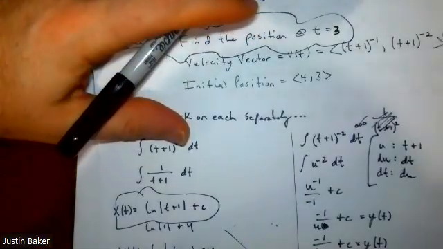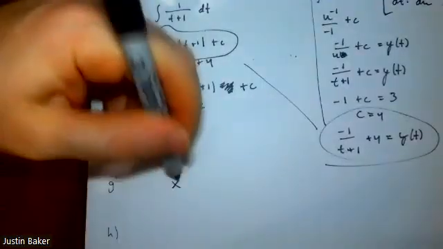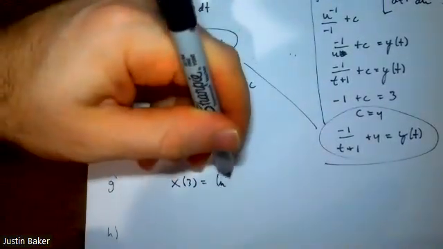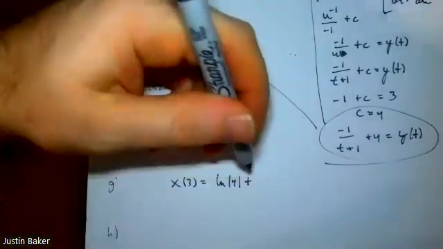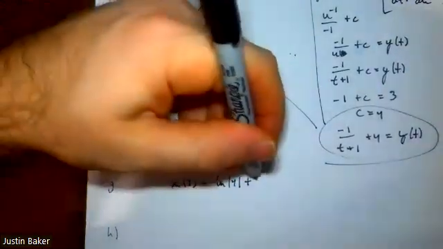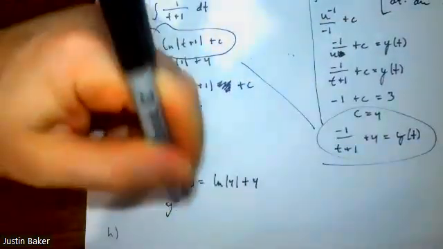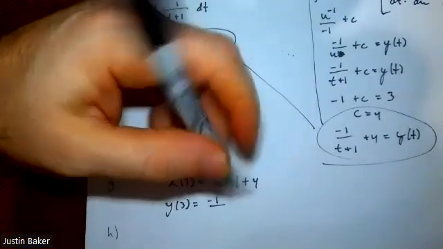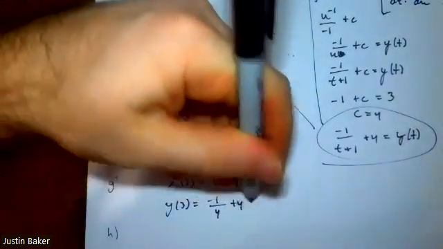You're going to put a 3 into both of these equations. So x of 3 is going to be natural log of 4 plus, and what do we know c is now? C is 4. And when you do y of 3, that's going to be negative 1 over, and if I put my 3 in there, that's going to be 4, and then plus 4.